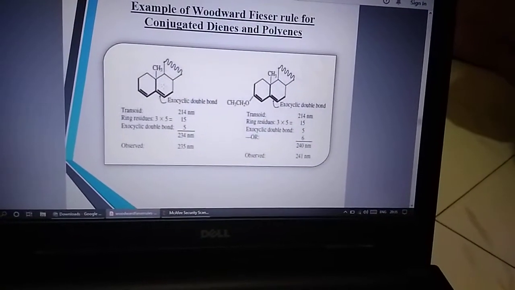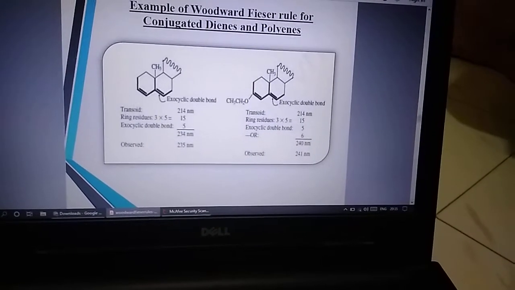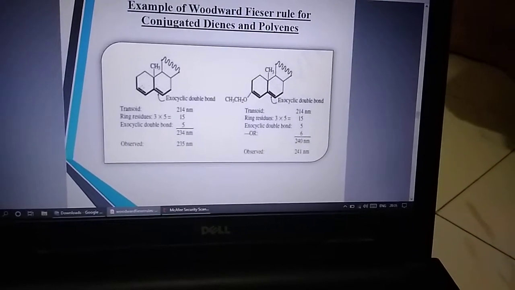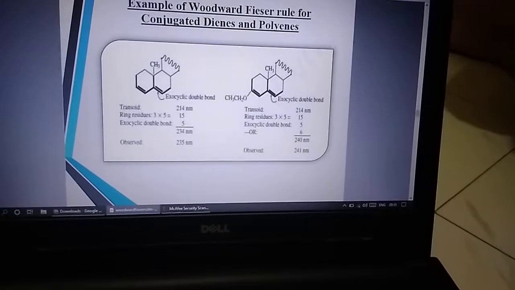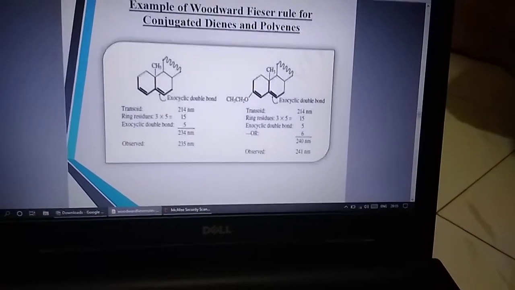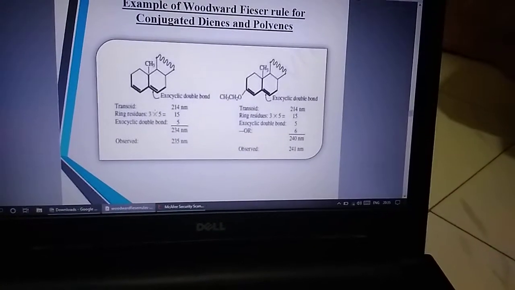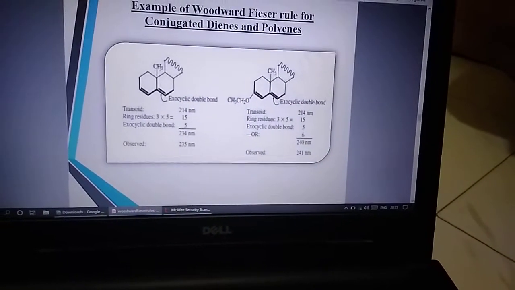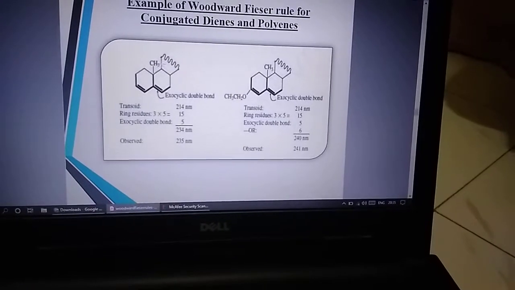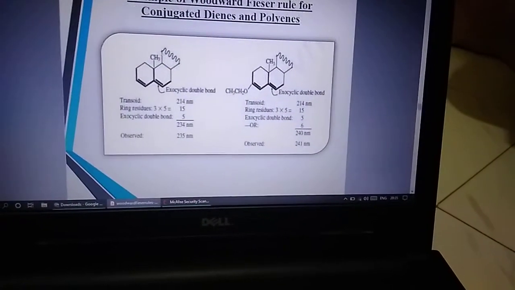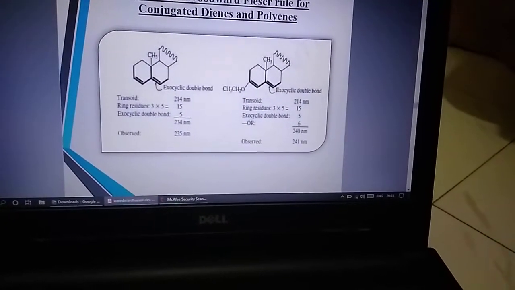Next, this is another example. This is a transoid, and here it is heteroannular. This is a heteroannular conjugated diene and has the base value of 240 nanometers. Then ring residues: this is one ring residue, this is another ring residue and this is another ring, which is an extension of this structure.